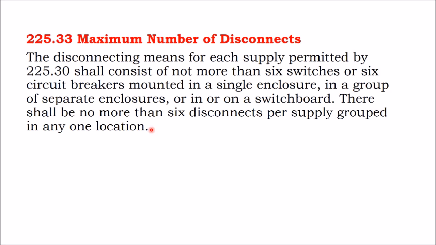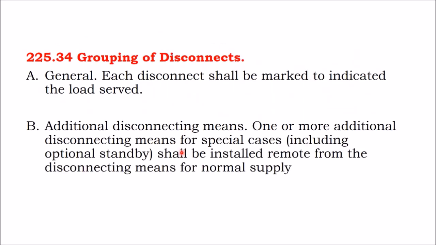What happens if I have more than 6? Well, if you have more than 6, then you need to have a main breaker that operates all of them at the same time. So you'd wire them in parallel and have one big switch at top, which is exactly what your electric service panel is. It's a number of circuits wired in parallel with one big switch on top.